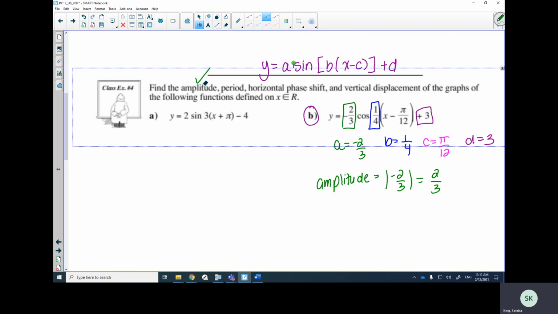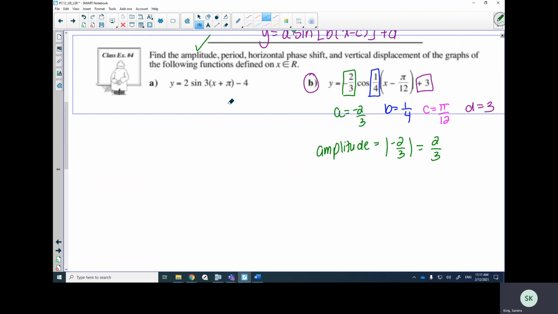Okay, so A is done. Now we have to do period. Period's the one that you have to work for. That's the only one you have to work for. So period, from the last lesson. Am I going to do 2 pi divided by B, or am I going to do 360 divided by B for this example? 2 pi, because this tells me it's in radians.